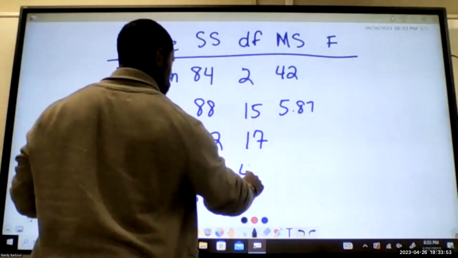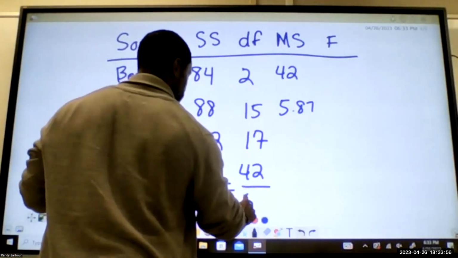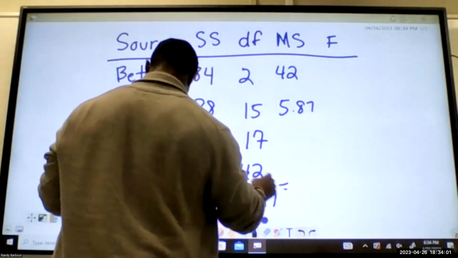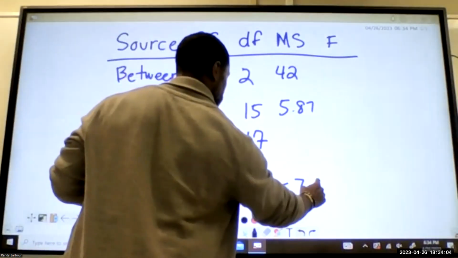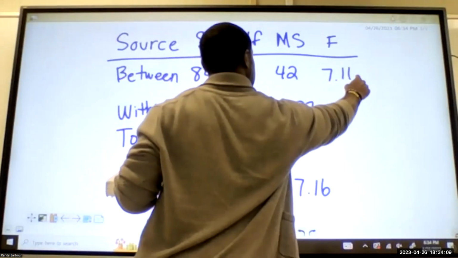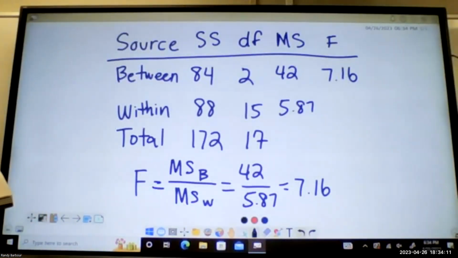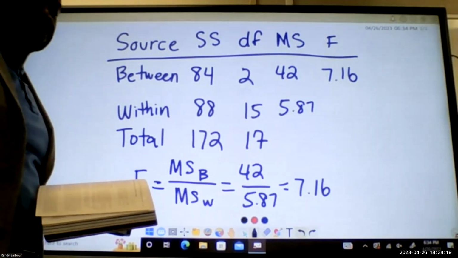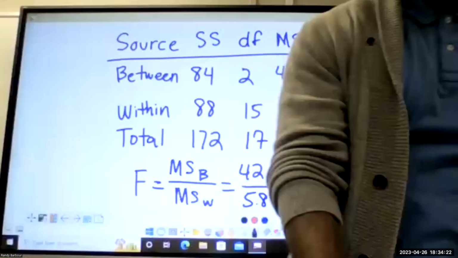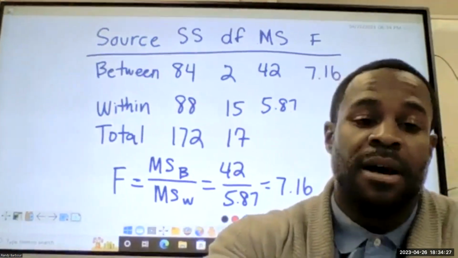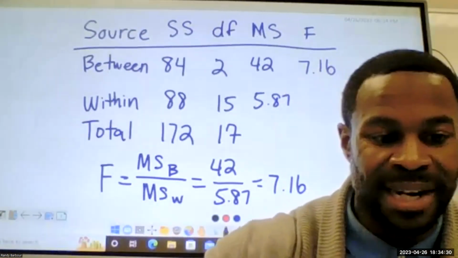So I'm going to do 42 divided by 5.87, and that should give me 7.16. So that is how I calculate my F ratio. Okay, so I have an F ratio of 7.16. Let's move along in our slides, but this is the essence of what we'll be doing for the one-way analysis of variance.